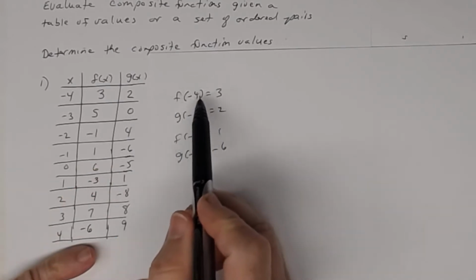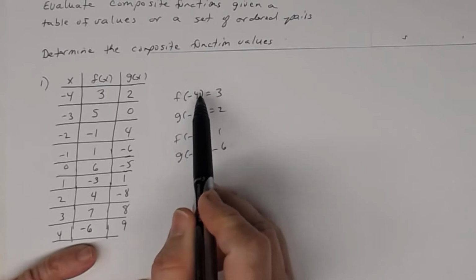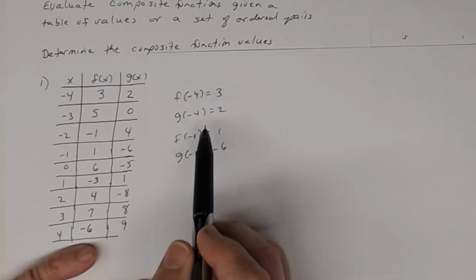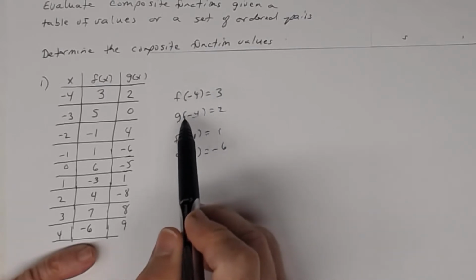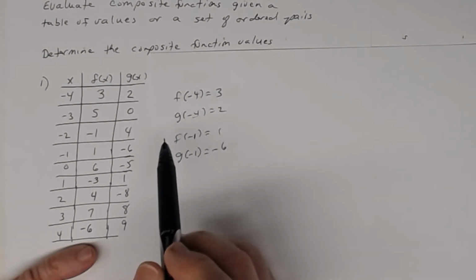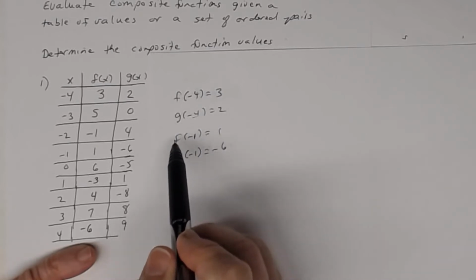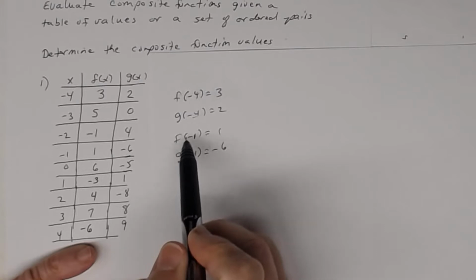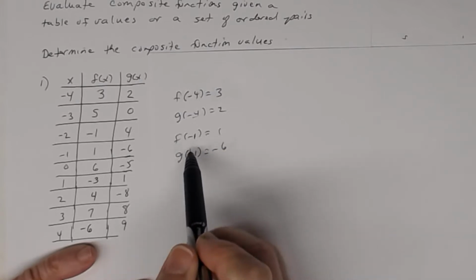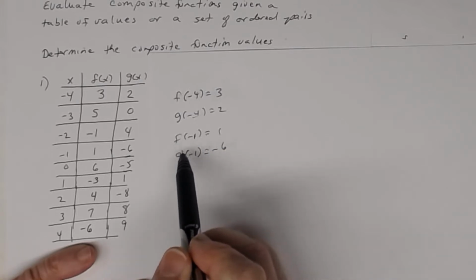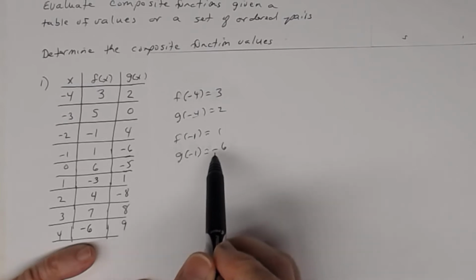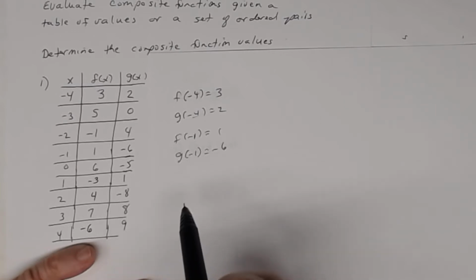Remember, this means when x is -4, the y value is 3. When x is -4, the y value is 2 for the function g. When x is -1, my function value is 1. When x is -1, my function value g of -1 is -6.